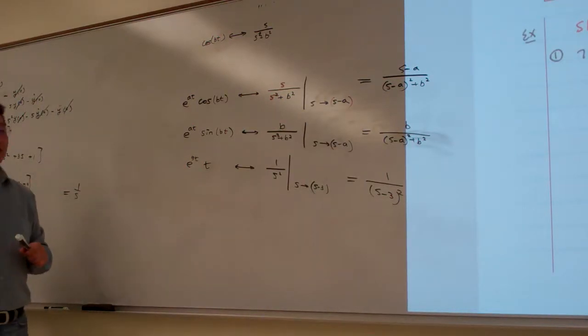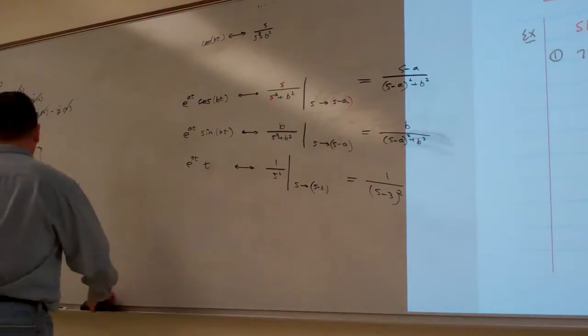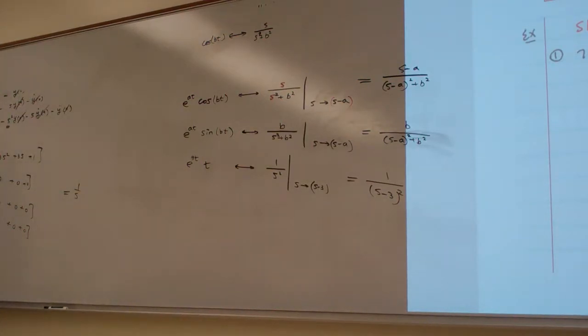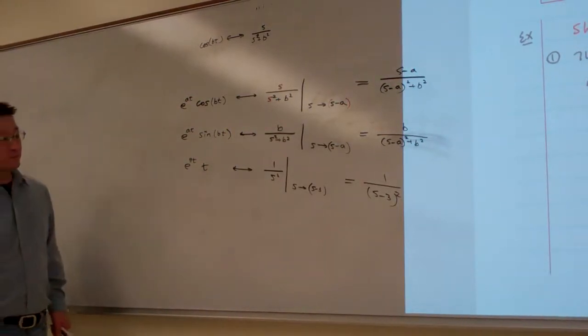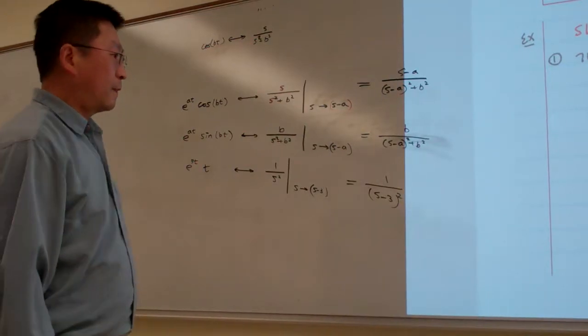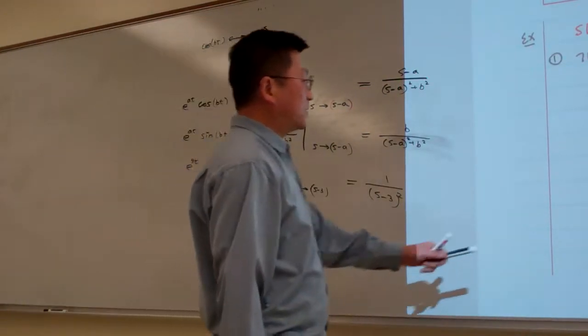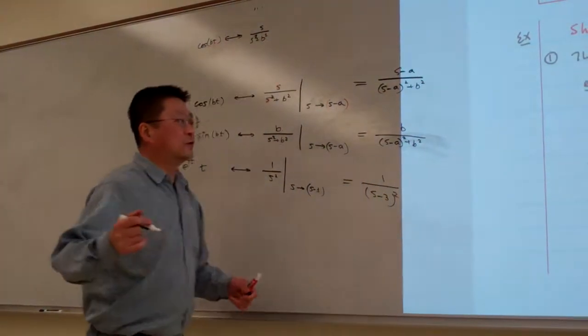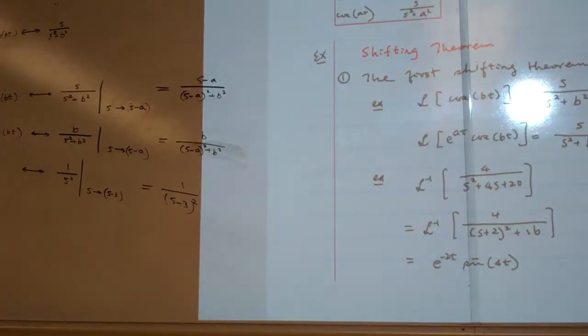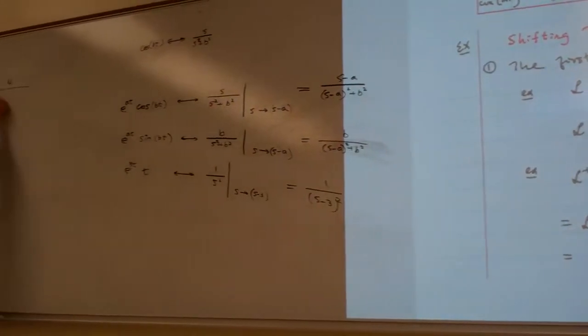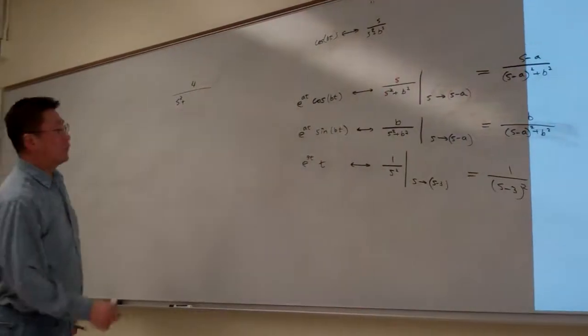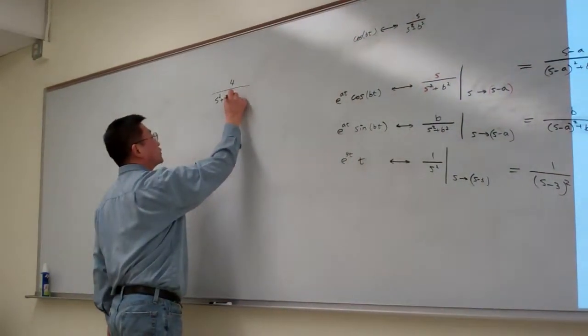And now we do a slightly different exercise. So we can exercise this one: 4 divided by s squared plus 4s plus 20.